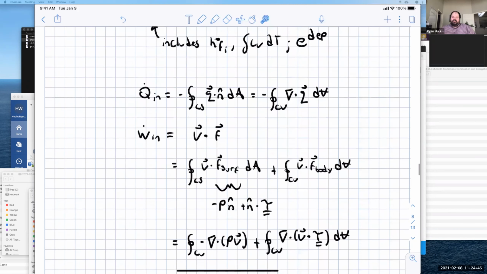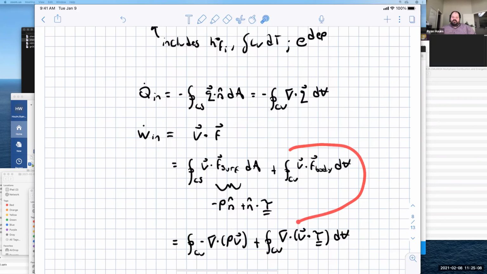And work dot in is just the velocity dotted with the force vector. If you recall from your fluids, you had forces acting on the surface of the control volume and within the control volume. I'm going to skip this because you have all seen this before several times.